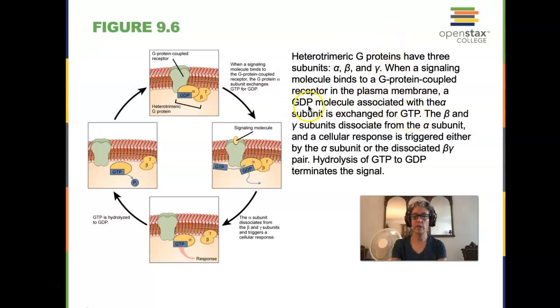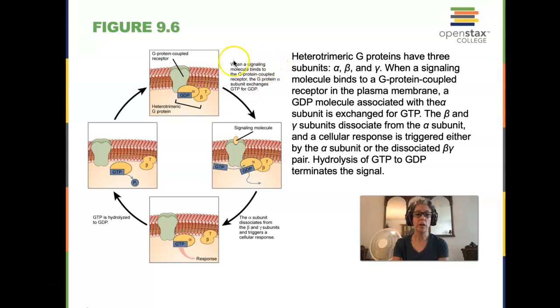Guanosine diphosphate, guanosine triphosphate. Same energetically in terms of the 3 phosphates that are attached, but instead of an adenine, we have a guanine base. So the GDP is associated with the alpha subunit. Only the alpha unit is bound to the GDP.